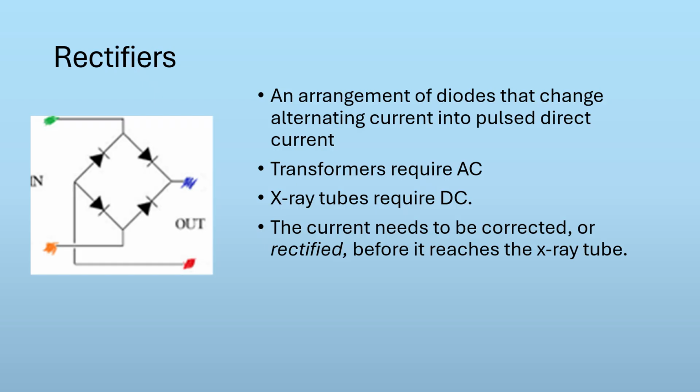Now, the more complex your rectifier diode arrangement is, the more complex your DC output wave is. And so this is just a full wave rectified DC output wave. If you're into three-phase 6 or three-phase 12, you need more than 4 diodes.